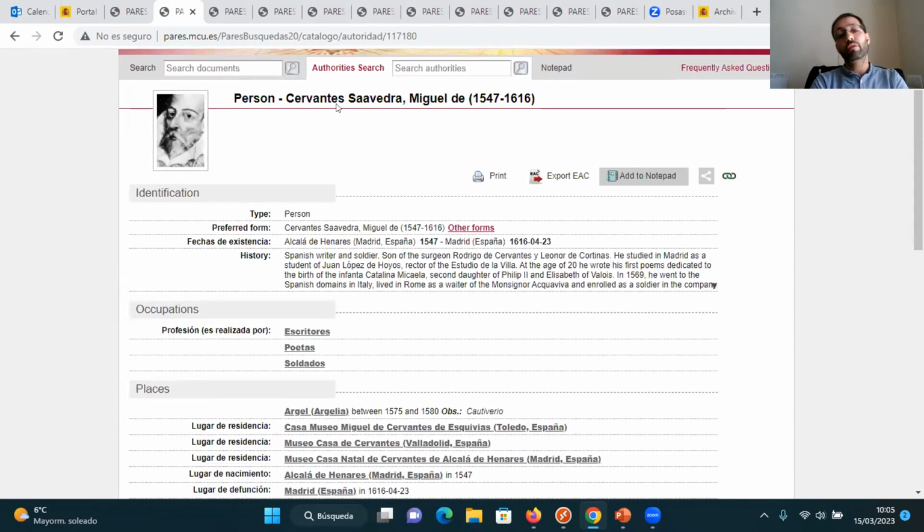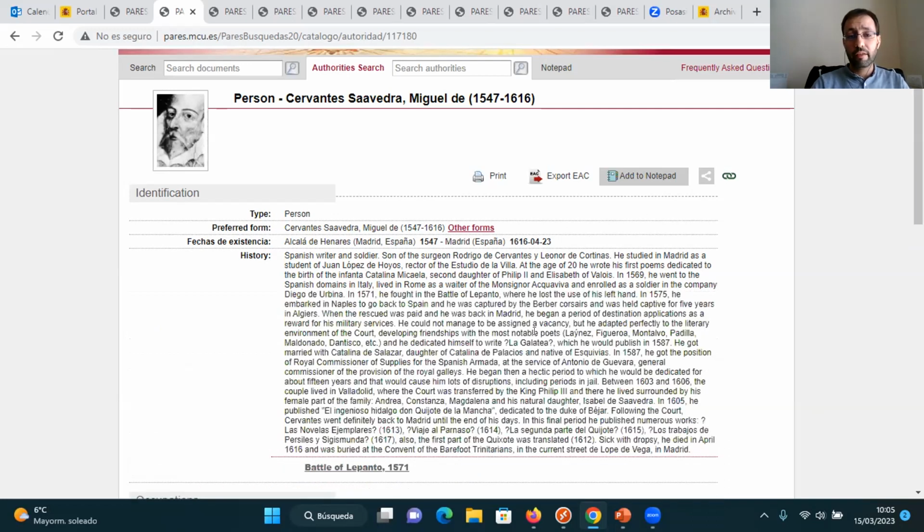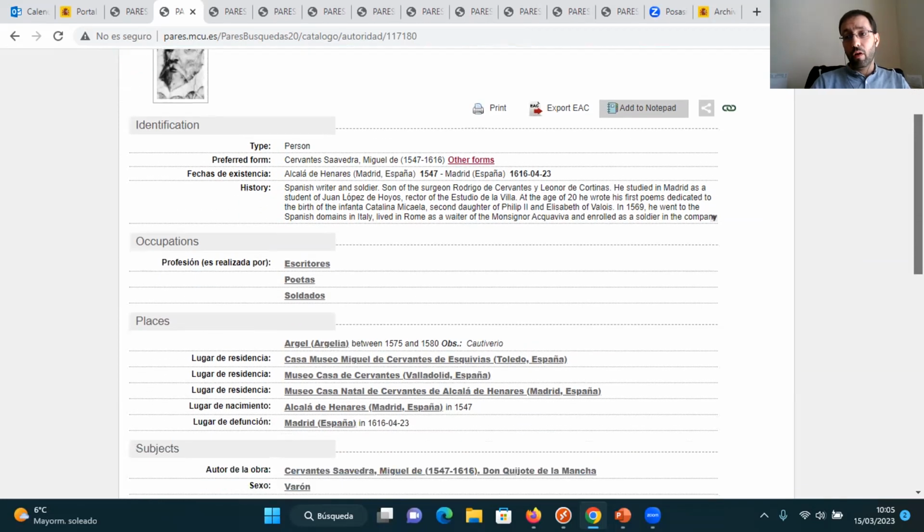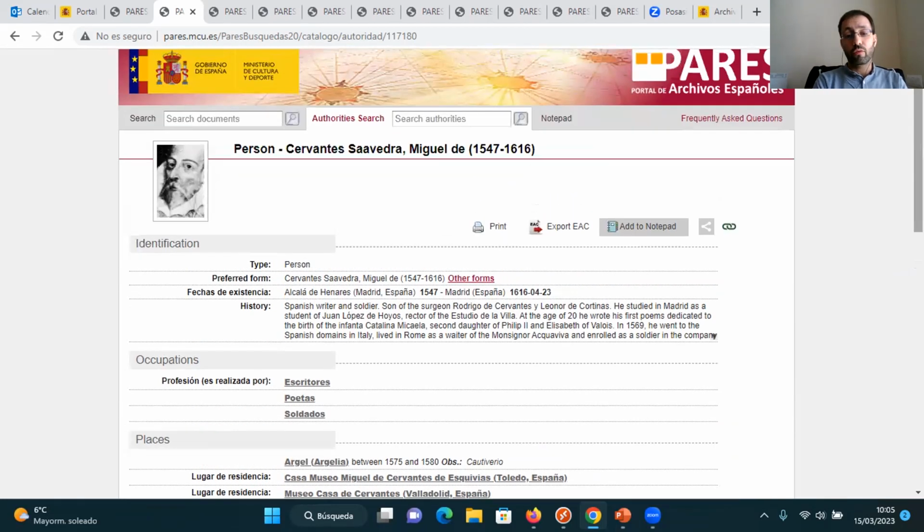It's a description of an entity of person, Miguel de Cervantes Saavedra, with his information about his birth, his death, biography, history, and also with relations with other entities that we can navigate in the portal.